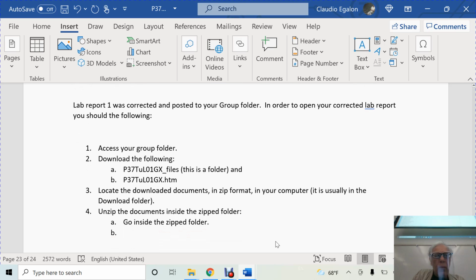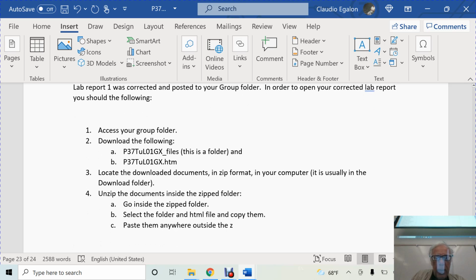2. Select the folder and HTML file and copy them. 3. Paste them outside the zip folder, anywhere outside the zipped folder.